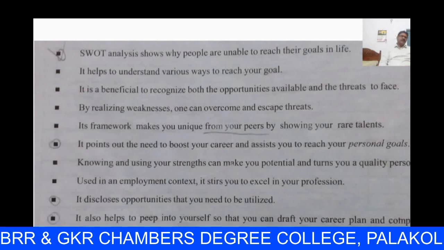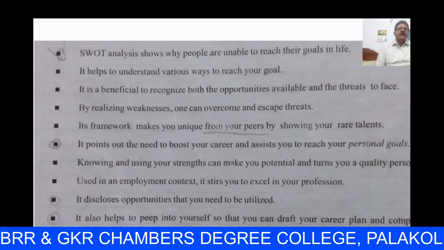So it creates a pedestal and puts you in a top position if you know your strengths, weaknesses, opportunities and challenges. It is one of the advantages of the SWOC and SWOT analysis.